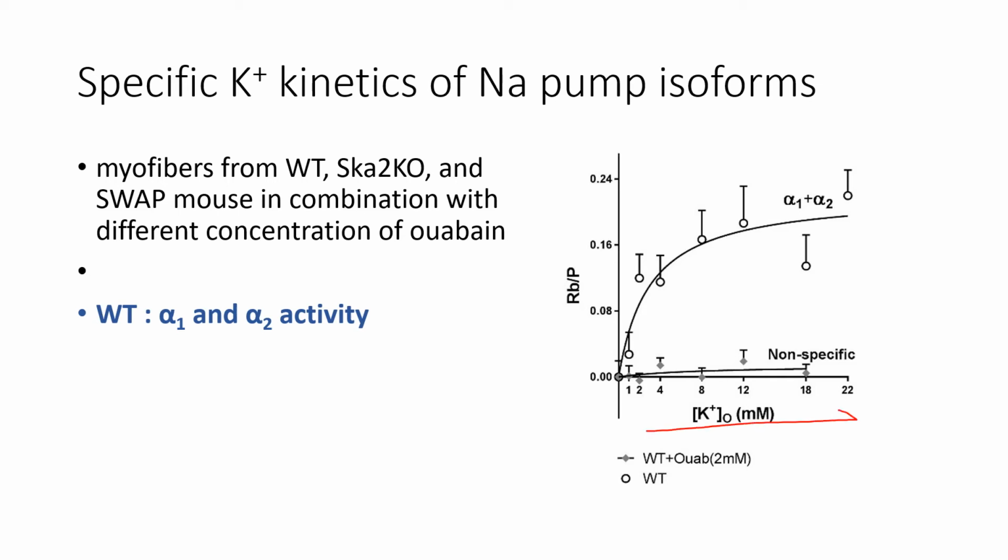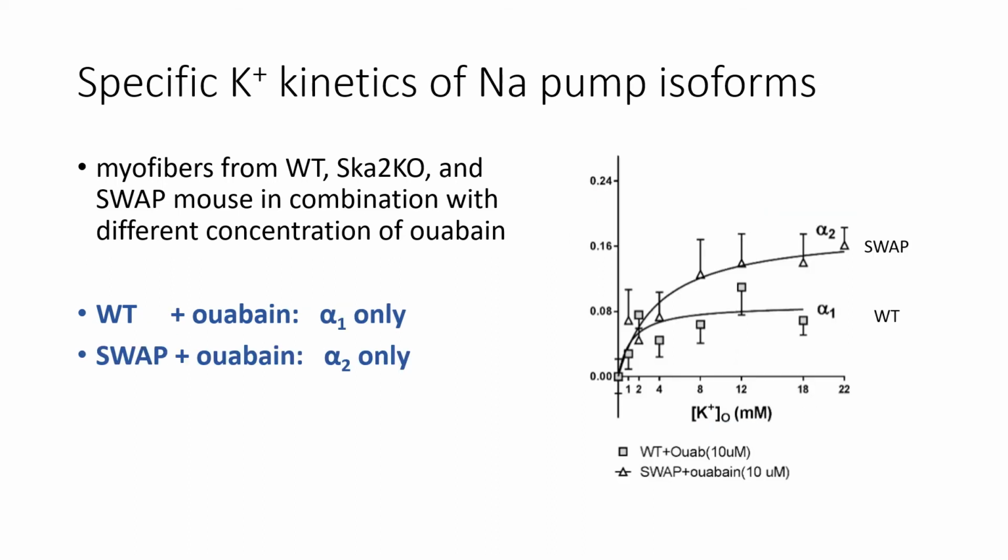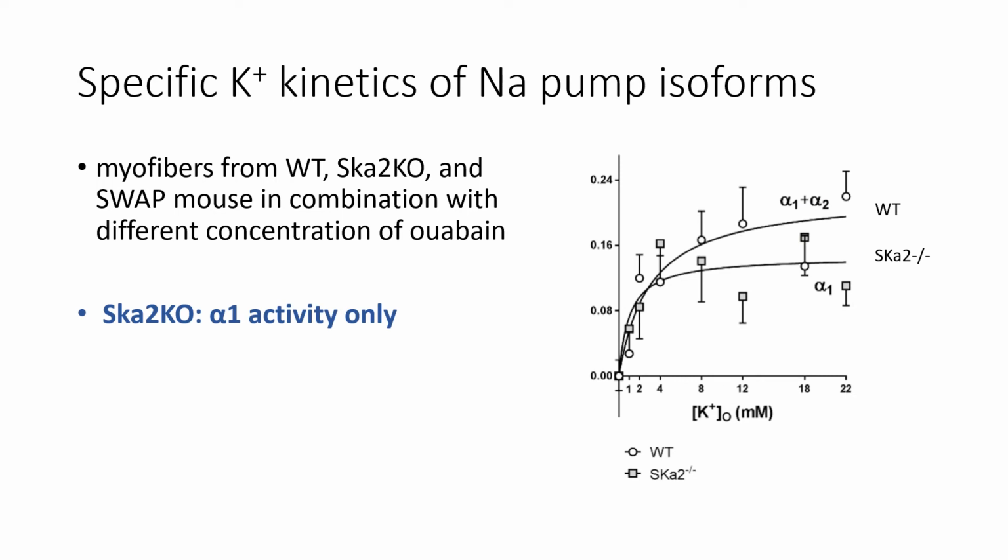Here we increased potassium and measured pump activity, which gives us the potassium affinity of the pump. Wild type animals give us the potassium affinity of alpha-1 and alpha-2 together. Wild type mouse treated with a low concentration of ouabain gives us alpha-2 potassium affinity. Swap plus ouabain gives us alpha-1 potassium affinity specifically. And another model, the skeletal muscle alpha-2 knockout, provides the potassium affinity of alpha-1 only.